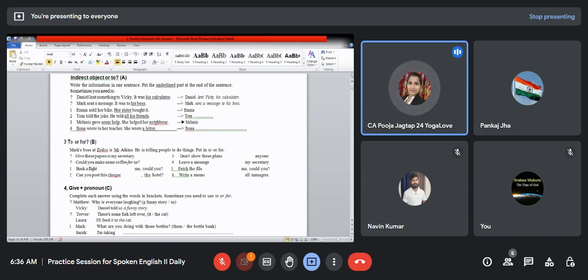And even if you put an exact word at the right time, people will understand what you actually want to say. If Naveen sir asked me, Pooja, what are you doing, and I can't speak the whole sentence in English, but I just say "reading," then also he will understand that Pooja is reading now.